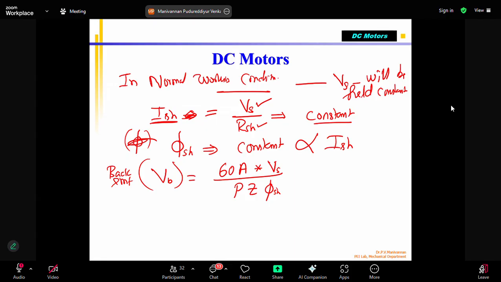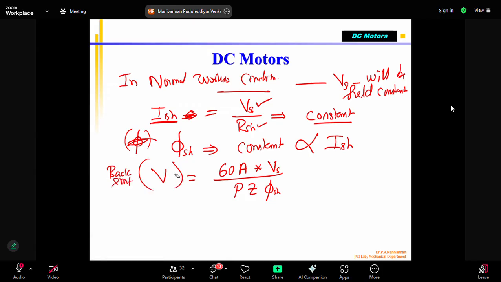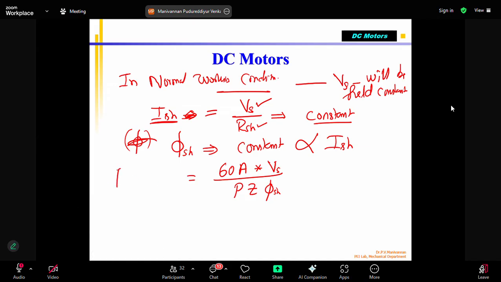Please note, a small mistake, extremely sorry. This equation is meant for motor speed. What will be the speed of the motor for a given voltage?